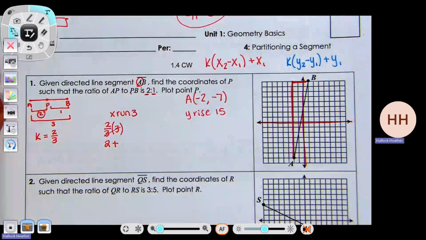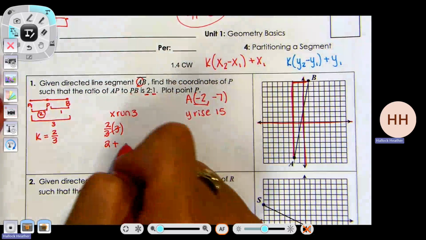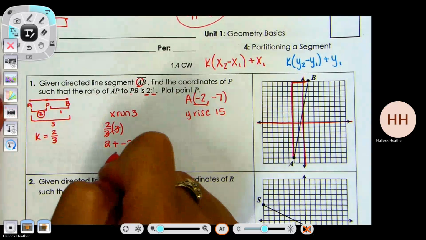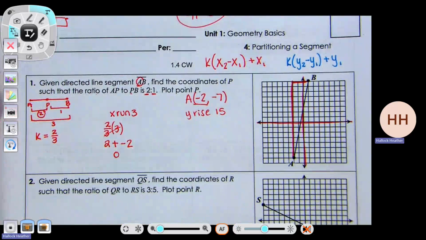And then you have to add where you started. So where did you start for your X? Not 3. -2. Which is 0.